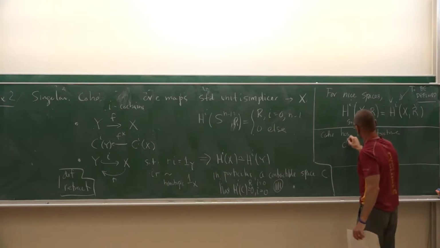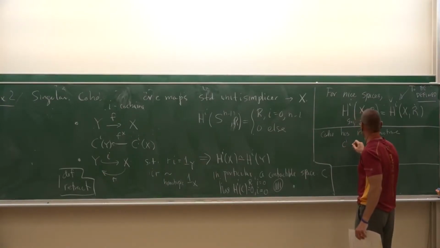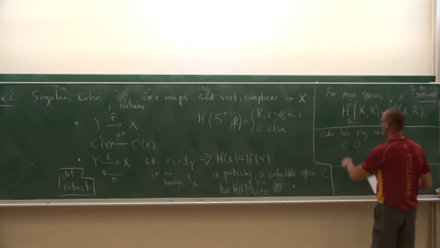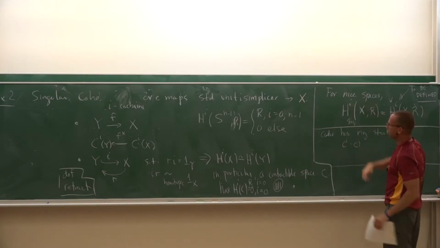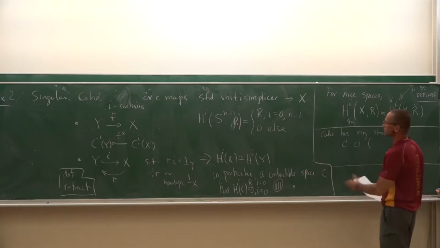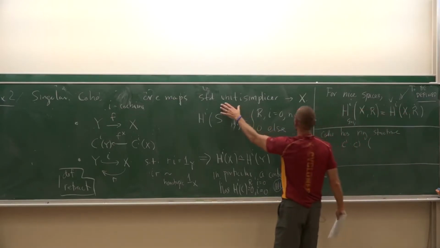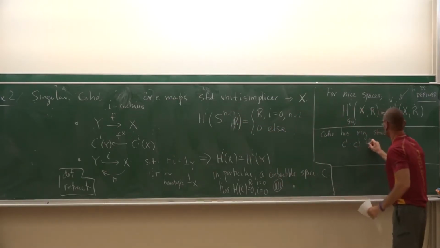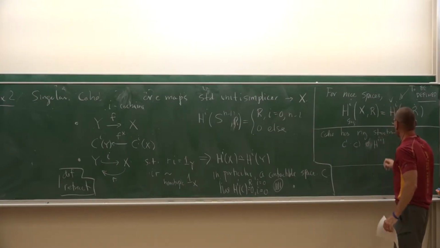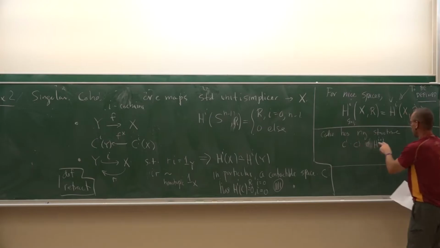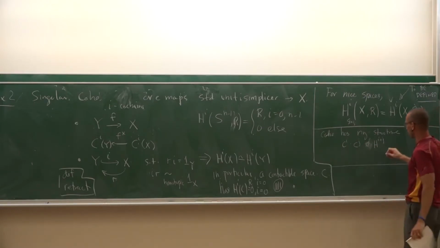So if I have some Ci times Cj, where these are classes in Hi and Hj, remember these are operators that are supposed to eat a simplex, so these are maps from a standard unit simplex. This is going to be in H^(i+j), so it's supposed to eat an (i+j)-simplex, and I have to tell you how it does that.